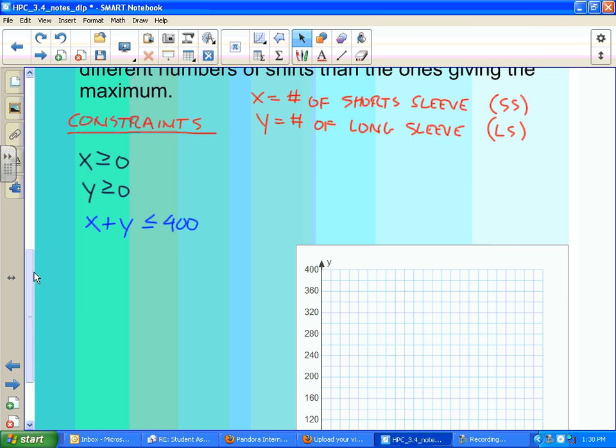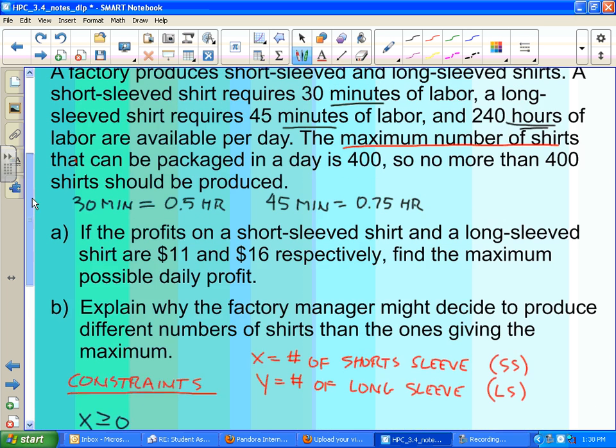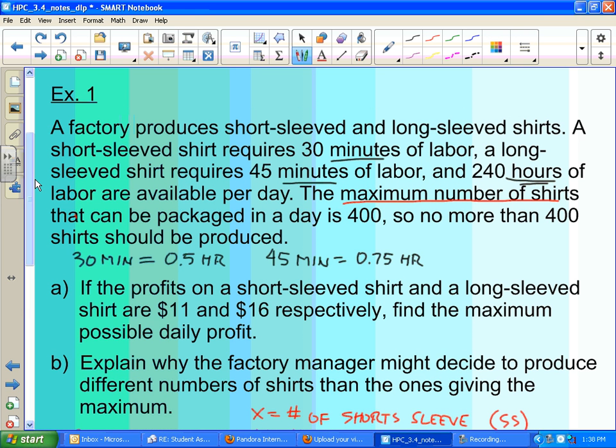All right. Now let's go back to the time one. I've got information that tells me minutes of labor, we converted to hours of labor, and that's a per shirt number. Every time I get a per something, that always has to get tagged with a variable. So those numbers have to have variables attached to them.